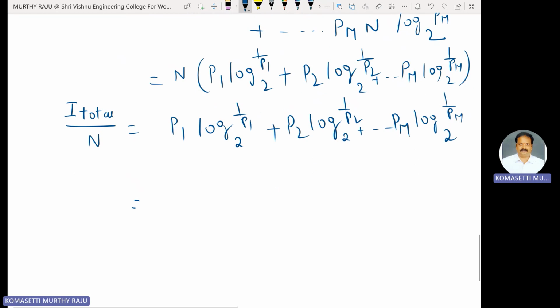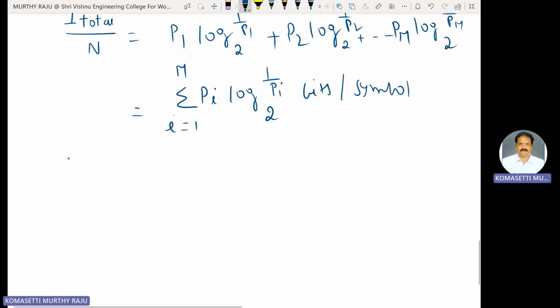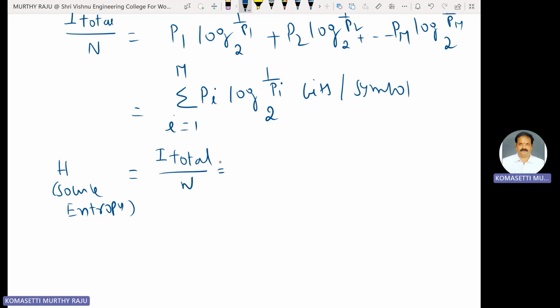That is equal to sigma I is equal to 1 to M, Pi log 1 by Pi base 2 bits per symbol. H is called as entropy, source entropy. Source entropy is equal to I total by N, where N is called as number of symbols in the message.